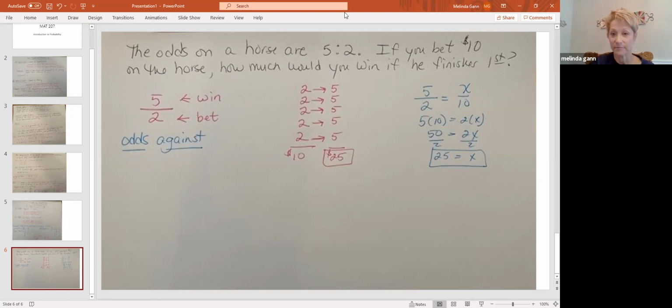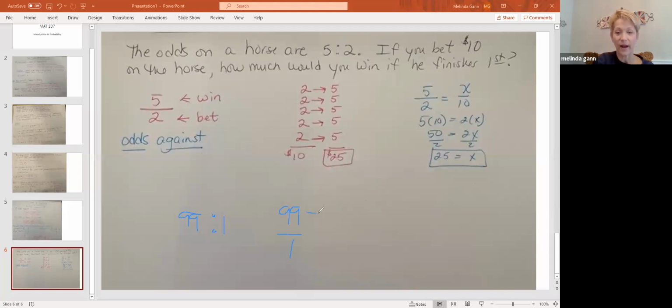So think about it. This is why people will bet on a horse that's 99 to 1. Now, think about what that means. Is this horse likely going to win? No, this horse ain't going to win. Because it's odds against. Remember what odds against means.